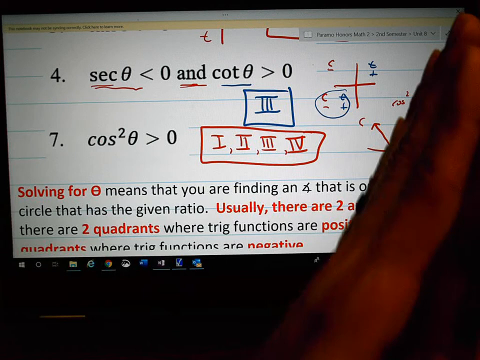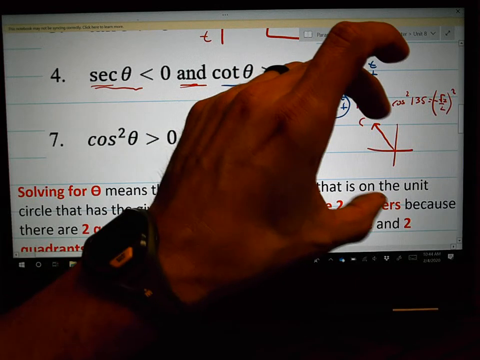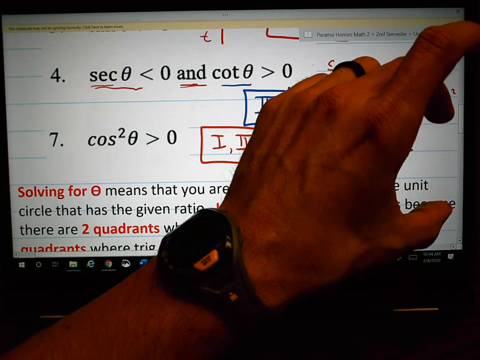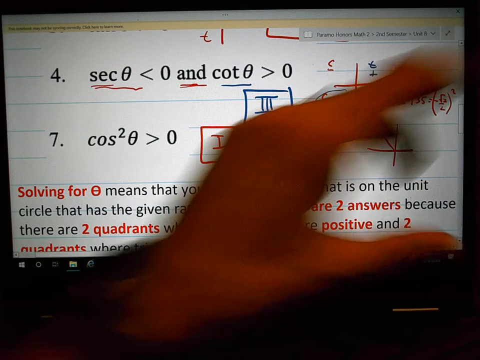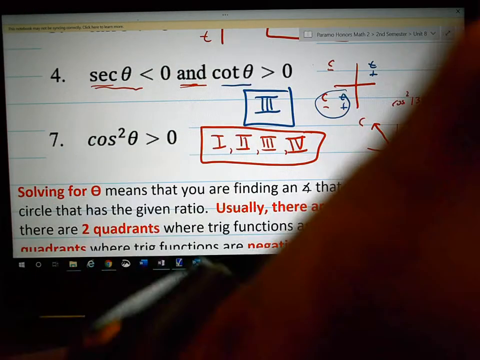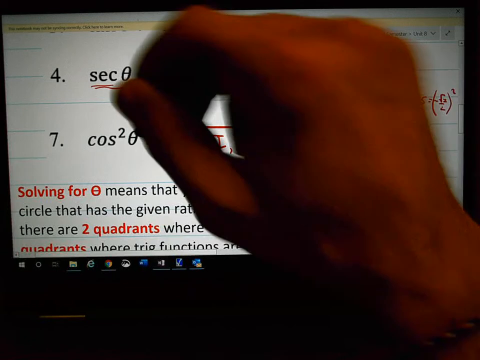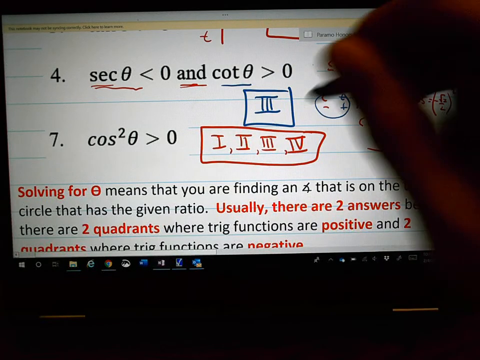Any angle would work because a negative times a negative is a positive for cosine, and that means these quadrants are going to work, and it also means that the positive times a positive would still be greater than 0. All 4 quadrants would work. Any angle would have a positive result for that answer.